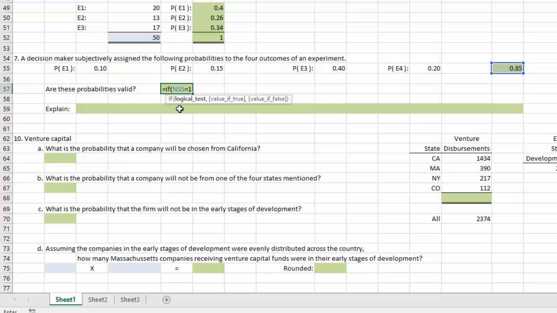If the value is true, in other words, if it equals 1, I'm going to put yes. If I put a comma here, you'll notice it gets to the next value and puts it in bold and says, okay, well, what happens if it's false? I'm going to say no. So if N55 equals 1, it's yes. Otherwise, populate it with N. And there we go. We have an N because it's not 1.